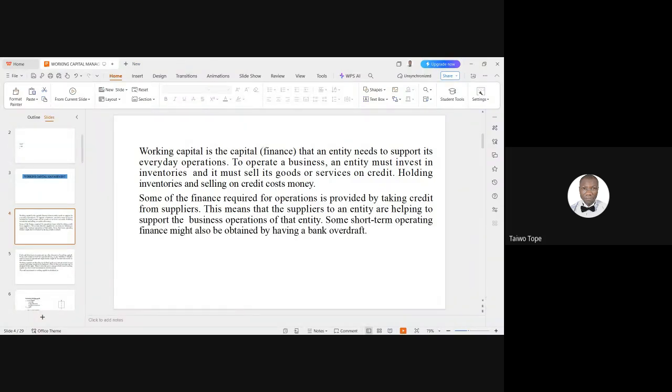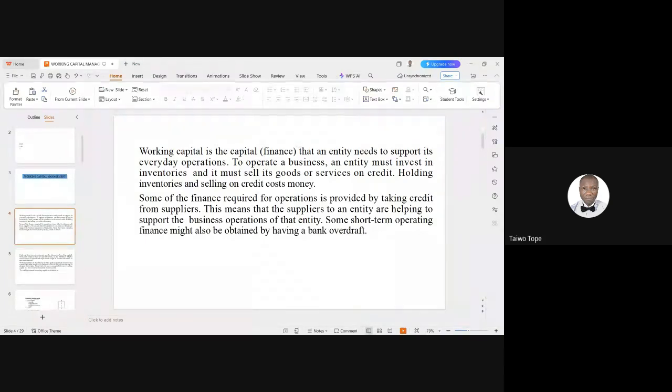And this management policy must involve striking a balance between the requirements to minimize the risk of insolvency and the requirements to maximize the return on assets. So a clear policy must be in place for the management of each component of working capital.